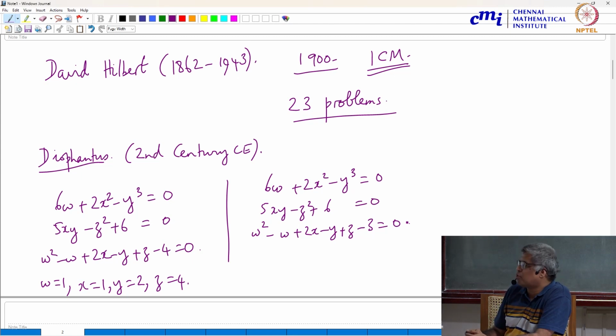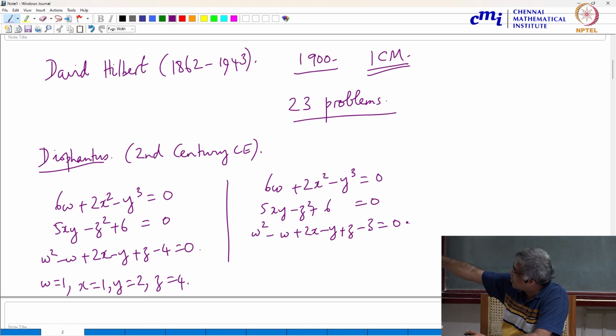You can tell me yes or no. If no, say why. Okay, sure. So is y even or odd based on this? Why? Yeah. So 6w is even, 2x squared is even, so y cubed is even. Therefore, y has to be even.